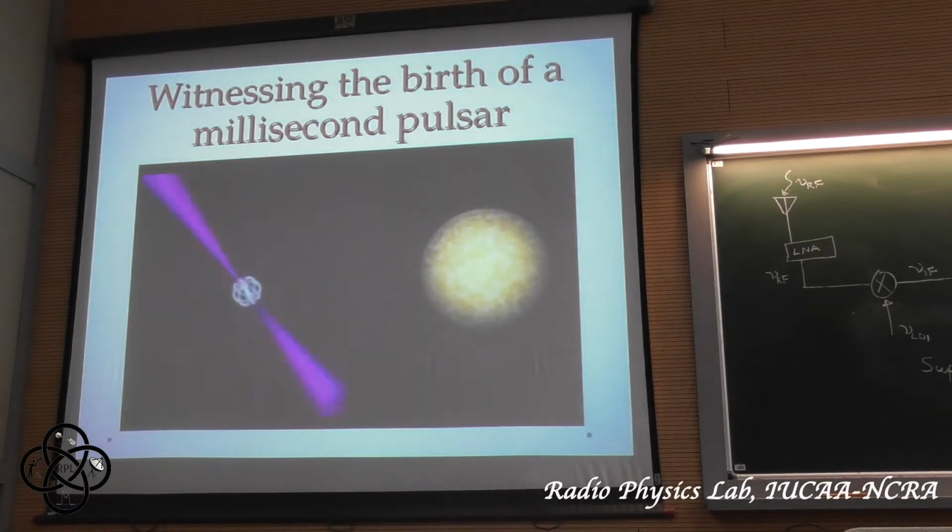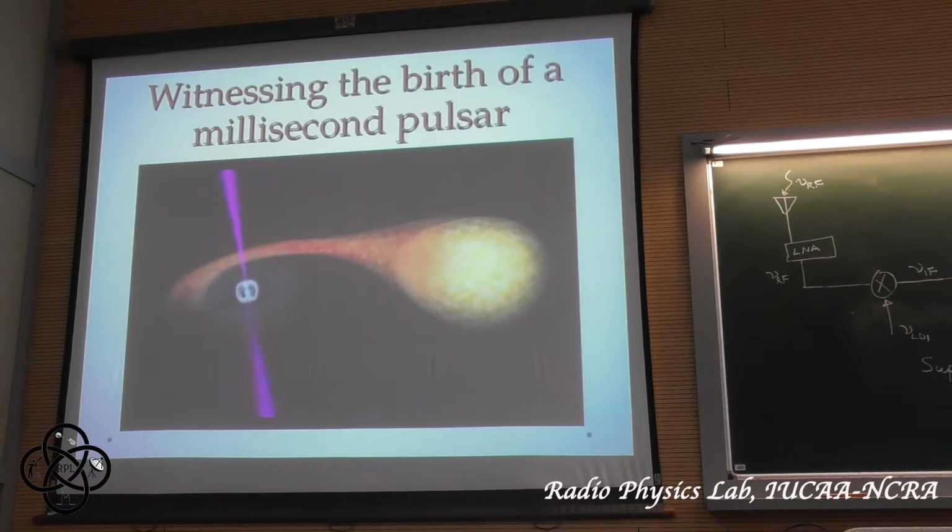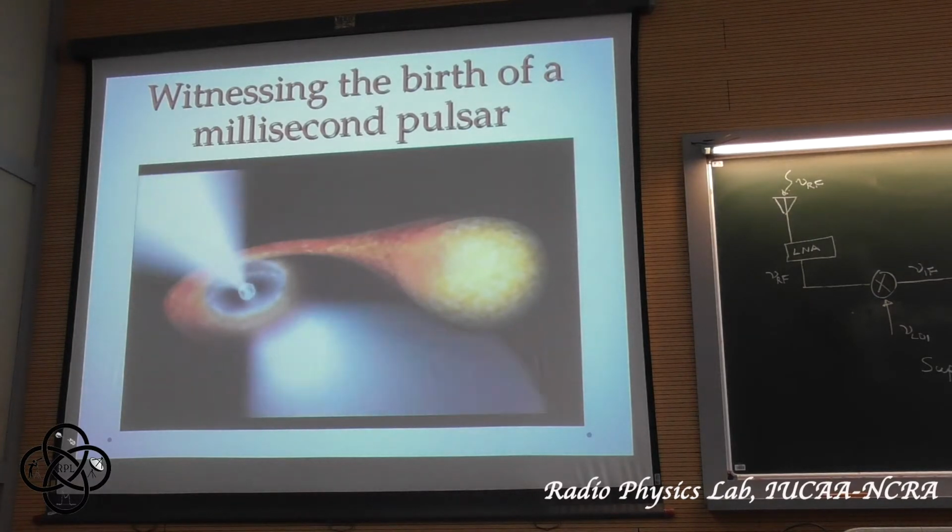So I'm showing you that over here. Here's the first neutron star which was produced, which was spinning because the original star was spinning, but gradually it loses its energy and it slows down. But after a while, this companion object begins to evolve and get a little bit bigger. And as you'll see in a moment, its outer parts begin to get tidally pulled and start falling onto the first object.